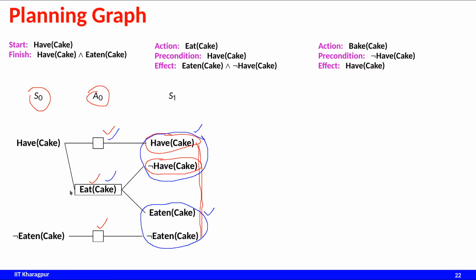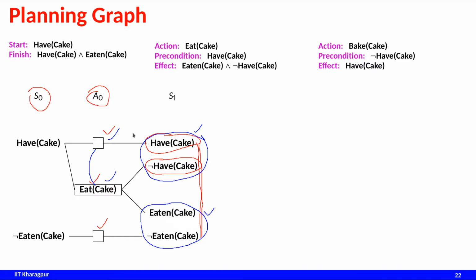And if I have this eat cake action, then I cannot carry forward this have cake. So these two events are mutually exclusive, because they result in two conflicting literals.